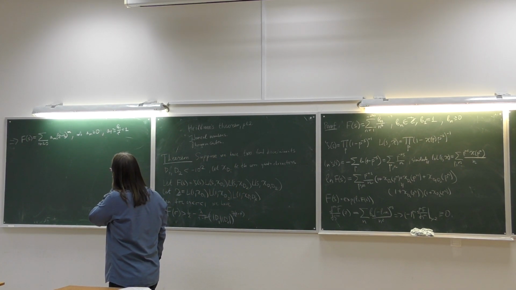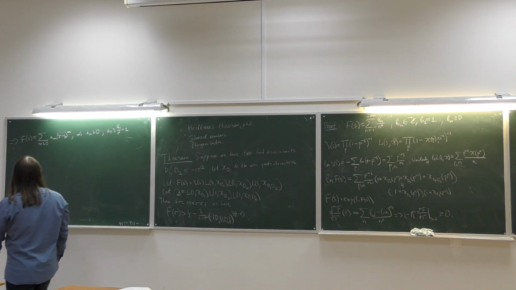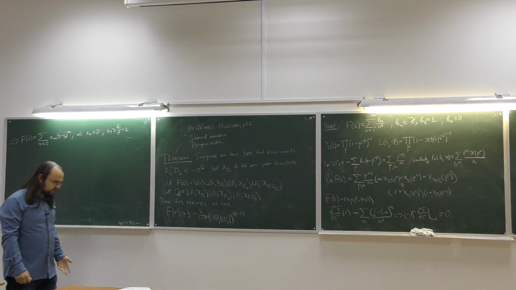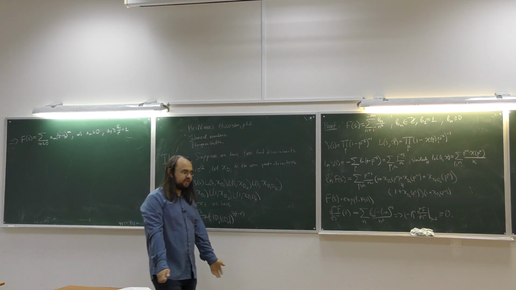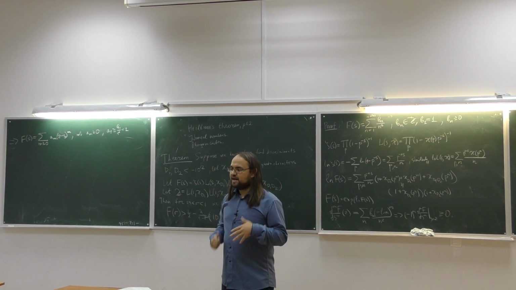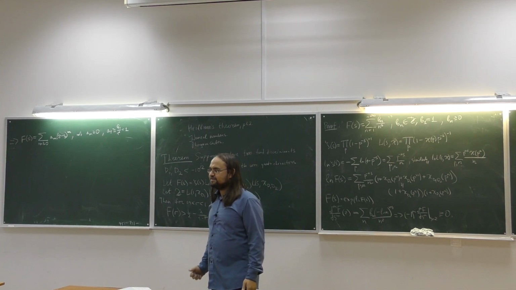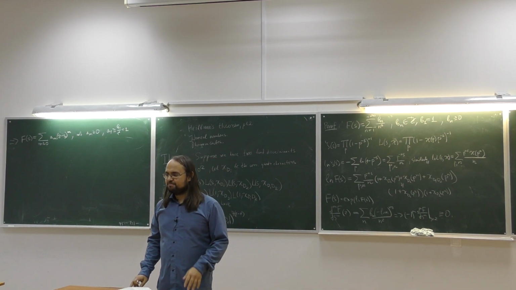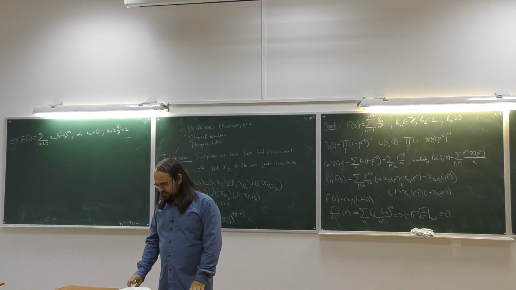Now, what do we do? First of all, it is easy to see that the Taylor series of f of s is not convergent when sigma is between, say, 0 and 1. This is because our function is not holomorphic but meromorphic instead.